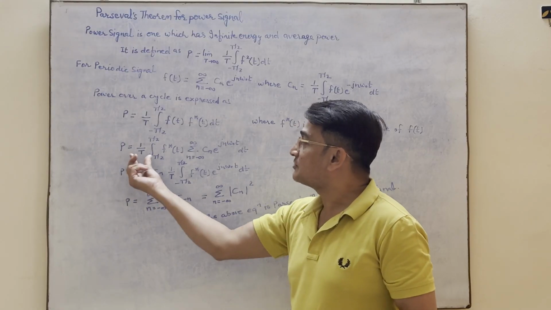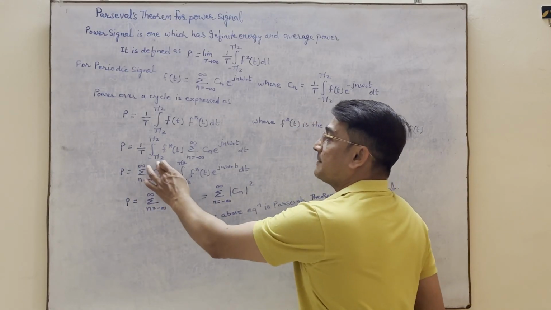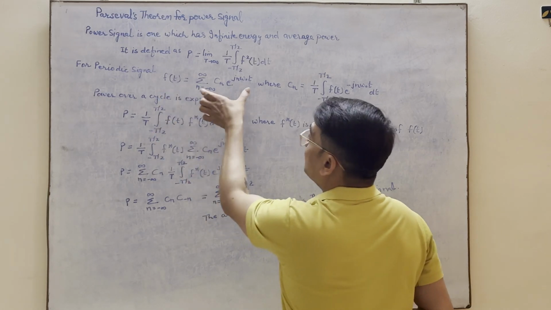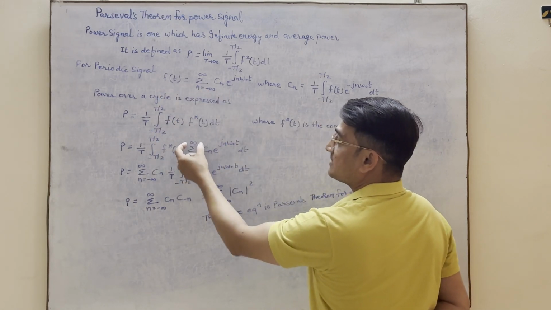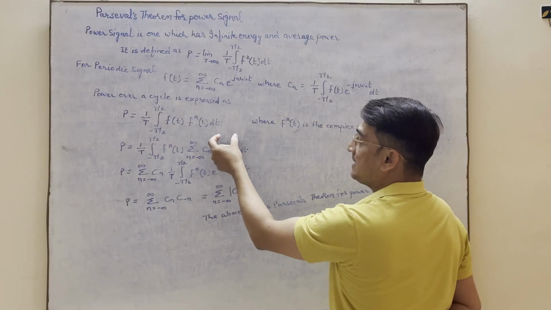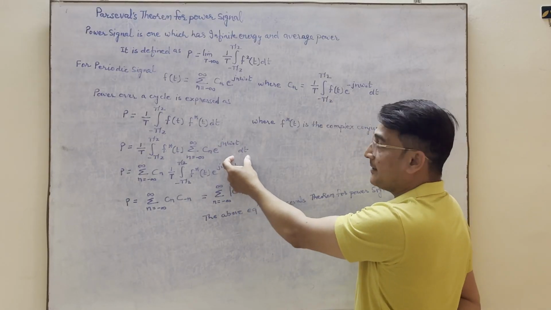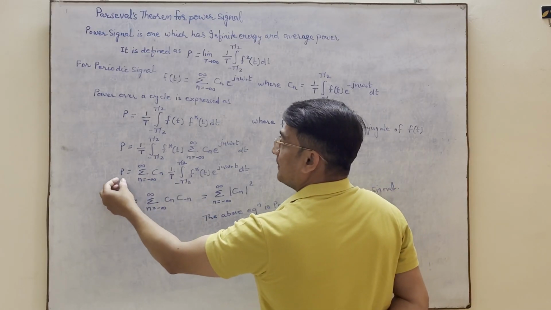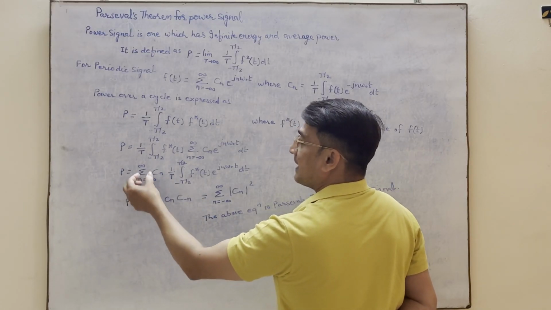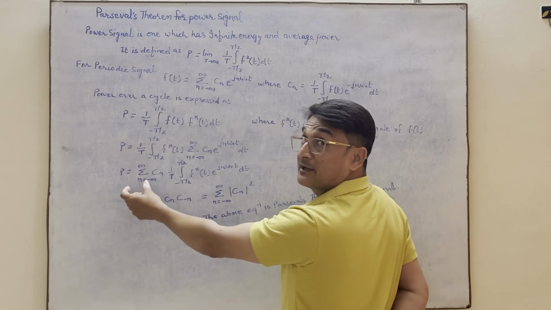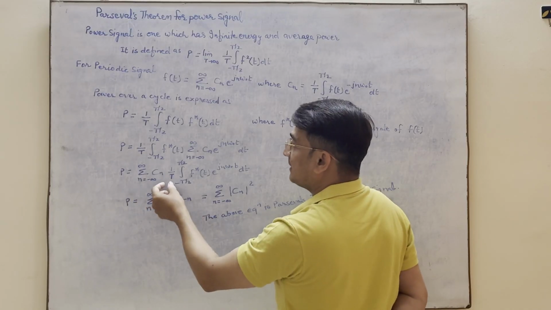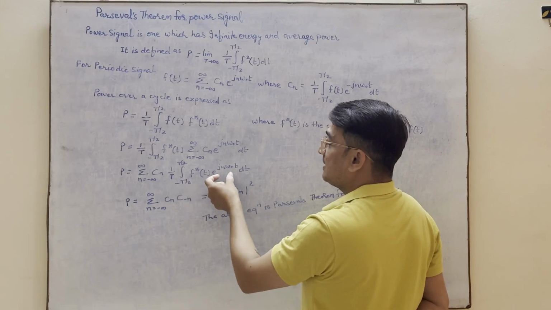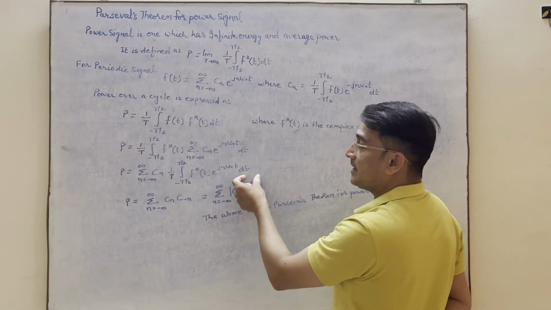Now P is equal to 1 by T, integral from minus T by 2 to plus T by 2 of f star(t), and instead of this f(t), now I will put this thing, which is the summation n equals minus infinity to infinity of Cn e raised to the power j n omega naught t dt. Now interchanging the limits, P is equal to the summation n equals minus infinity to infinity of Cn, which I am keeping outside the integral, then 1 by T integral minus T by 2 to T by 2 of f star(t) e raised to the power j n omega naught t dt.